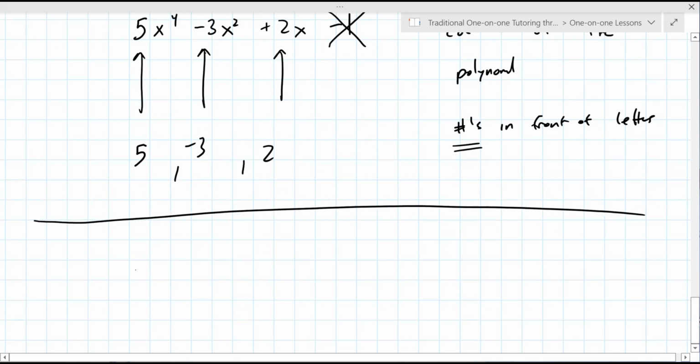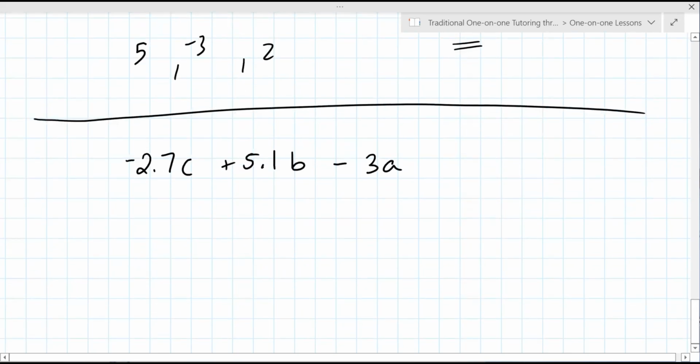They're like, let's try to confuse them. They're going to go something like this, like minus 2.7c plus 5.1b minus 3a. So what are the coefficients this time? -2.7, 5.1, and -3. It always takes on the operator.